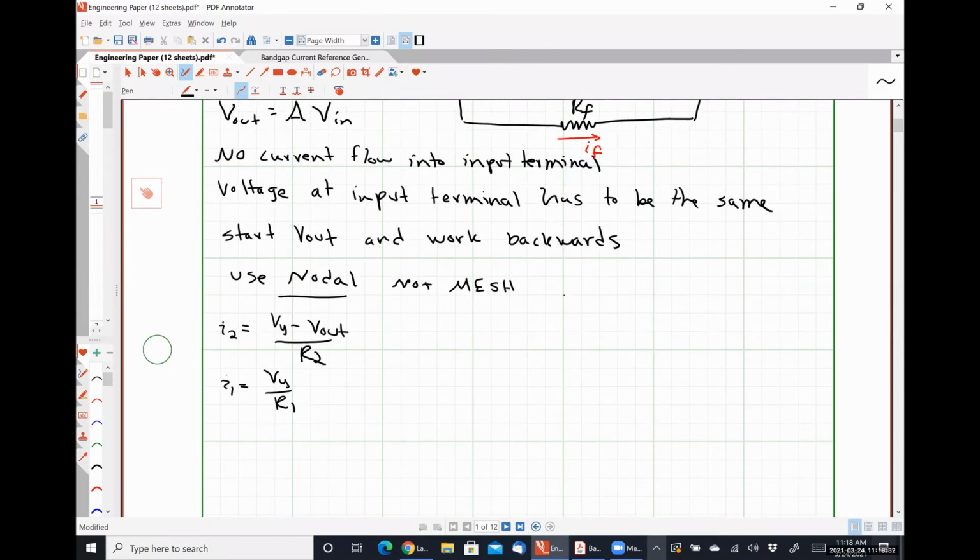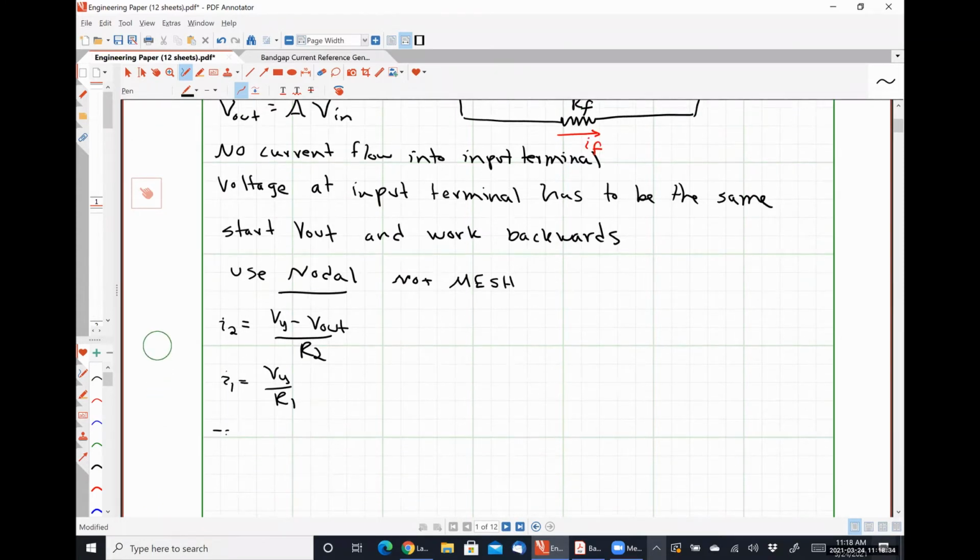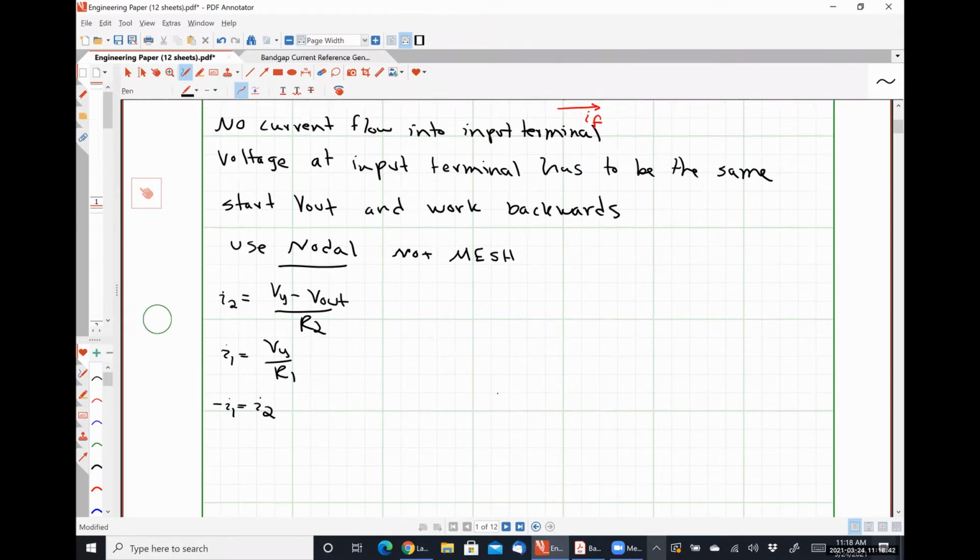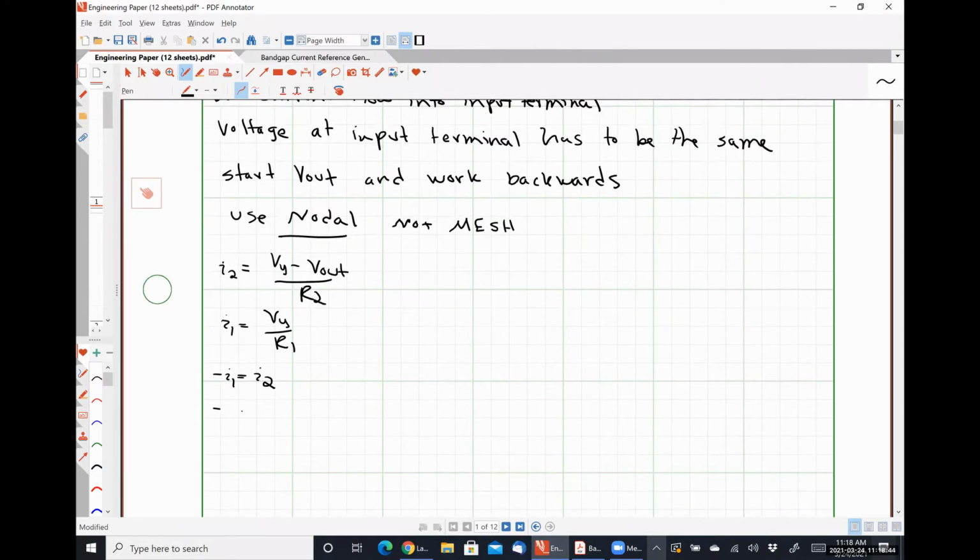And so we can say negative I1 equals I2. And since we have equations for both I1 and I2, we can plug them in, and we'll have negative VY over R1 equals VY minus V out over R2.